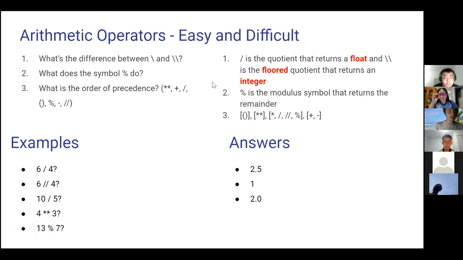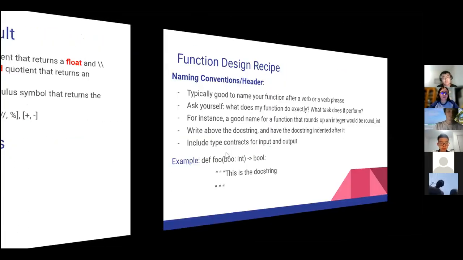Yep, that is just 4 to the power of 3. And finally, 13 mod 7. What will this give us? 6. Yes, correct, 6, because we put 7 in once and then we try to put 7 in again. We can't. What is the number left over? We have 6. Great, amazing. Okay.